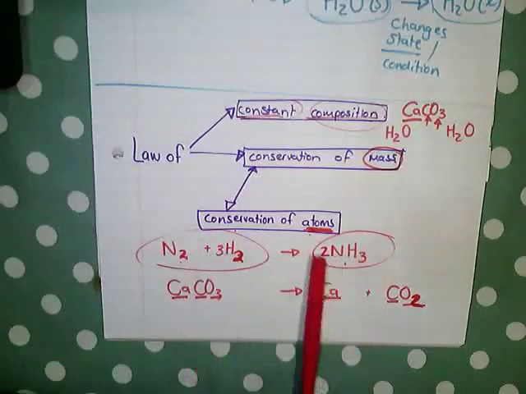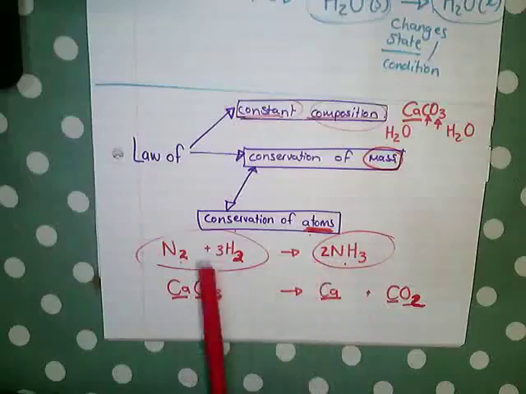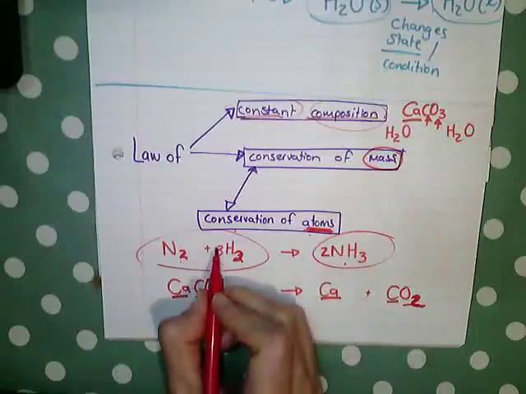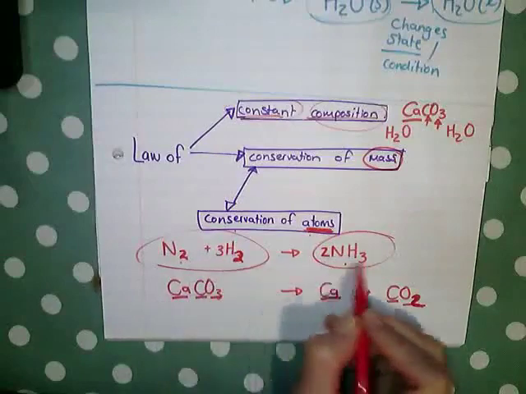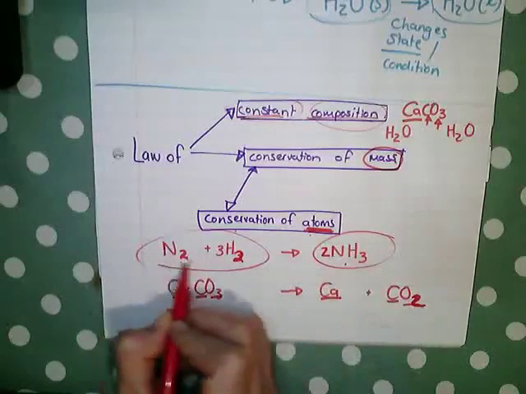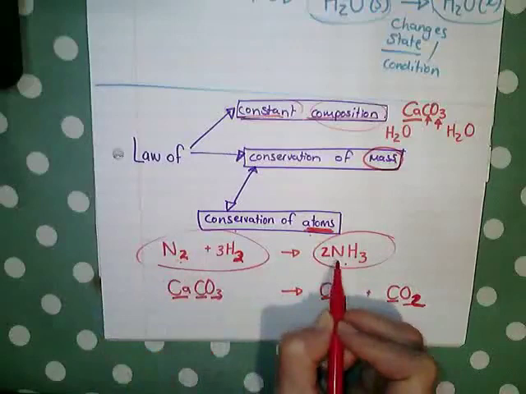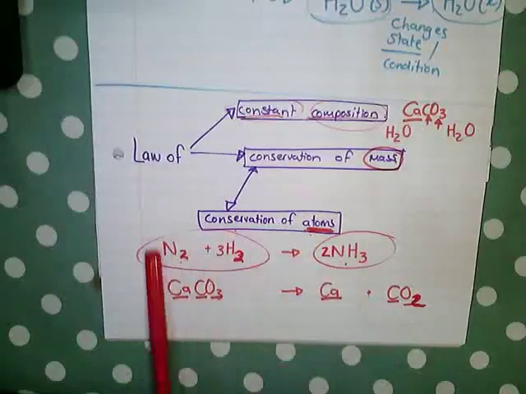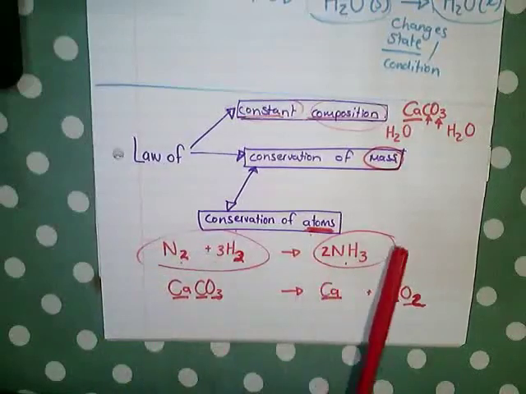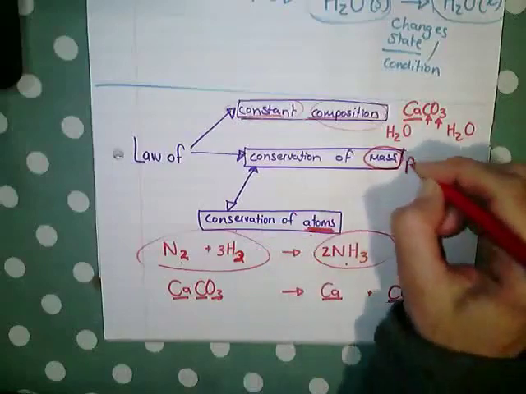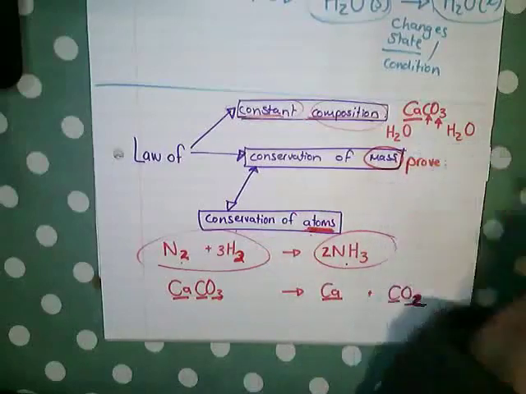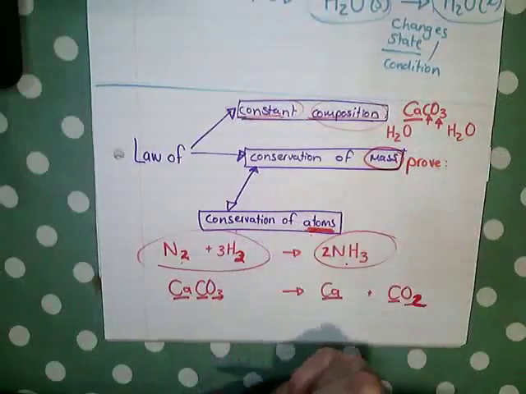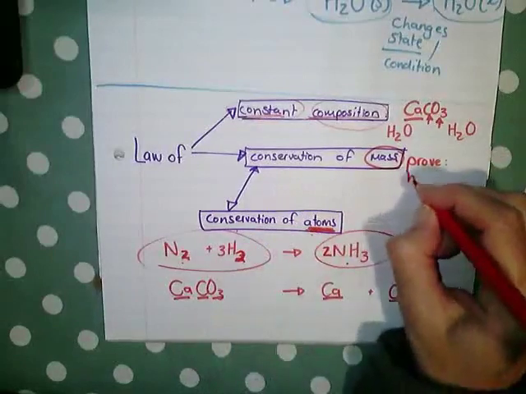By balancing, we make the masses left and right the same. So there we have 3 times 2, 6 hydrogens, 2 times 3, 6 hydrogens, 2 nitrogens, 2 nitrogens. And this total mass will be equal to this total mass.